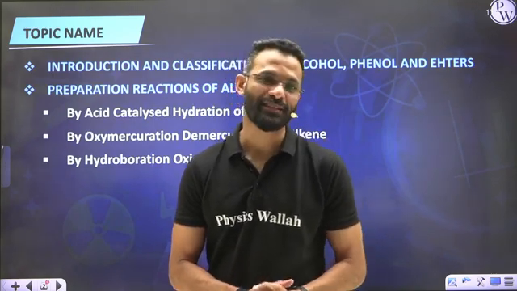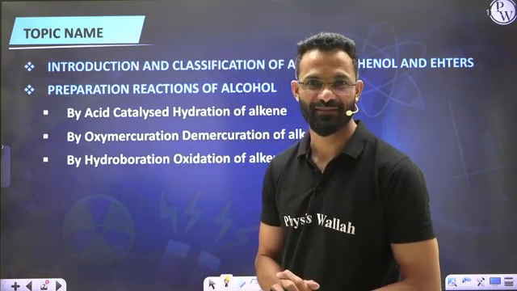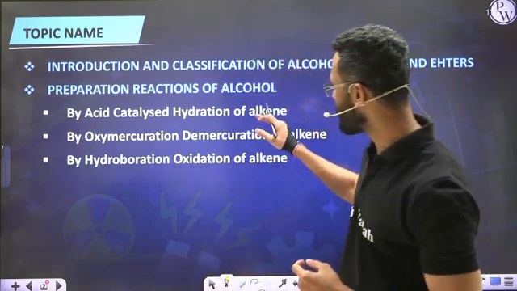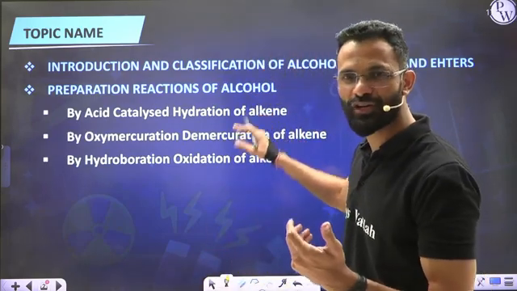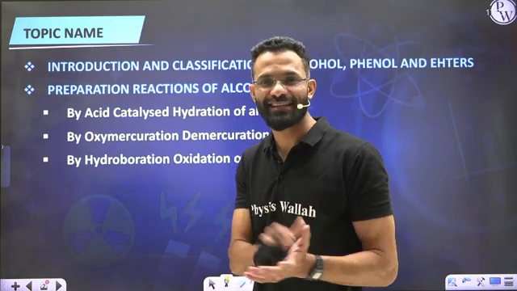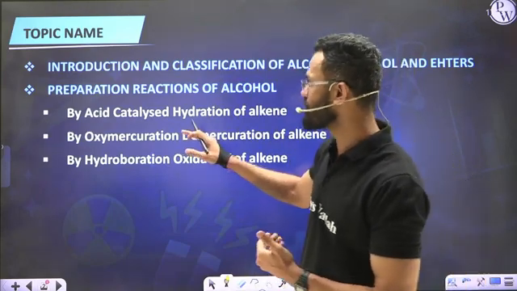In the methods of preparation of alcohol, we'll be learning three very important reactions. The first one is acid catalyzed hydration of an alkene, which we simply abbreviate as ACH. The next two reactions are also from an alkene.